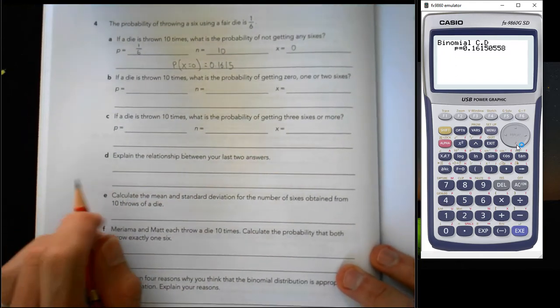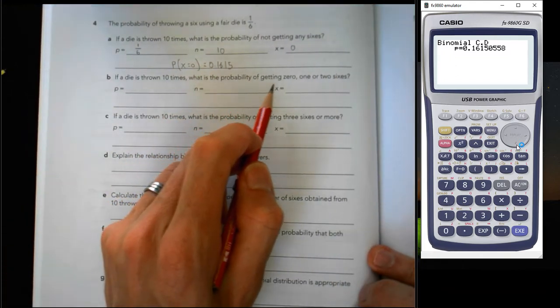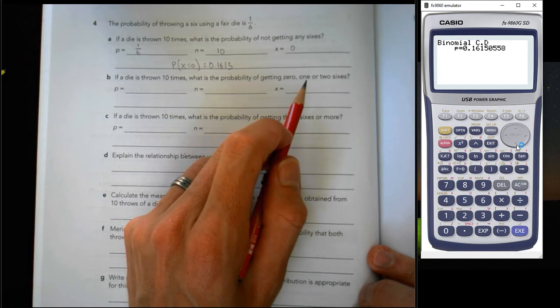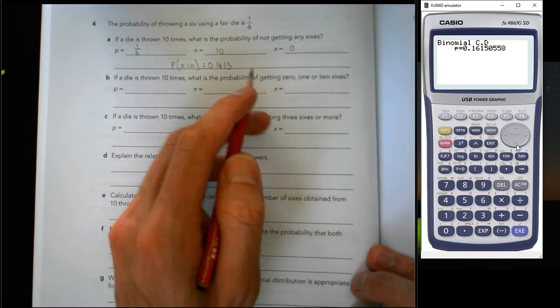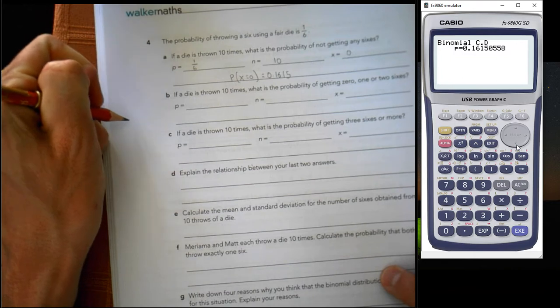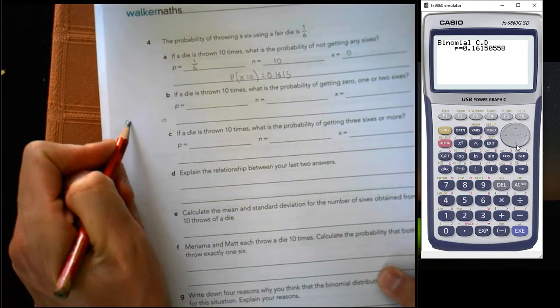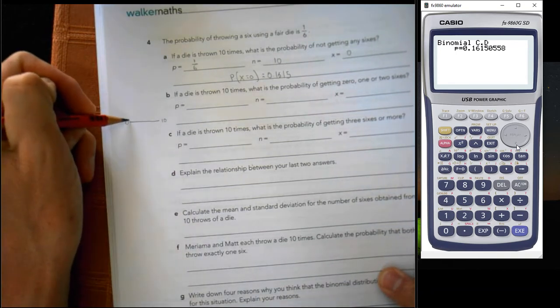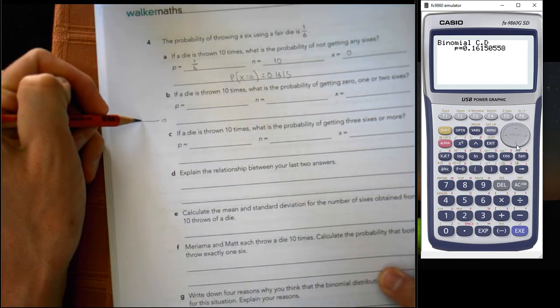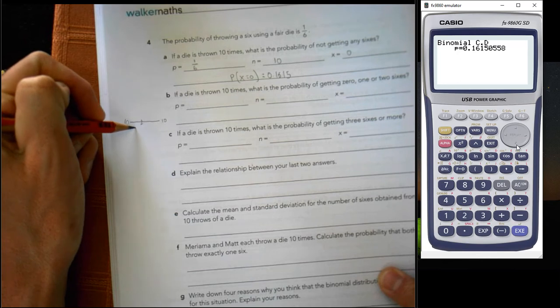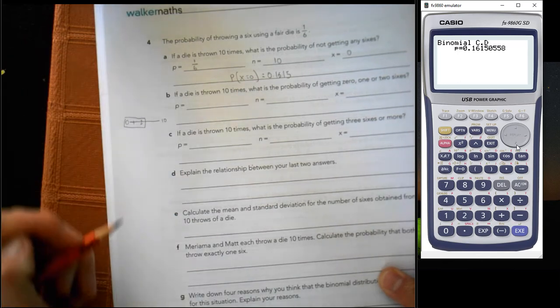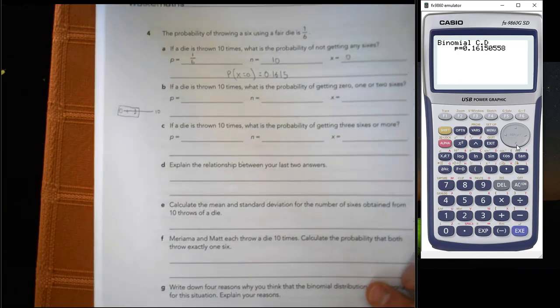Alright, this time the die's been thrown 10 times. What's the probability of getting 0, 1, or 2 6s? If you think about your distribution of your range of numbers, you're going from 0 to 10 here. We want from 0 up until 2. So we're talking about all of that range there, so 0, 1, and 2. So it's cumulative.